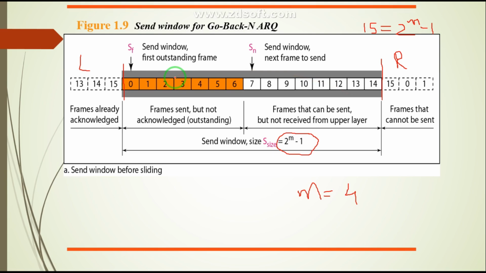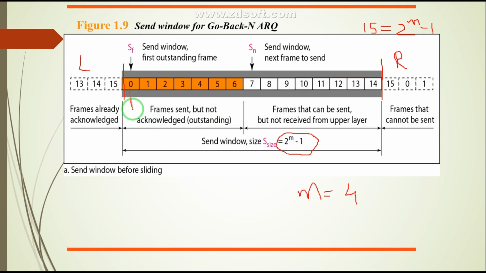Although we have a variable size window in other protocols such as TCP, this window slides to include new unsent frames when the correct acknowledgements are received, that we will see later on. And this window is a sliding window.